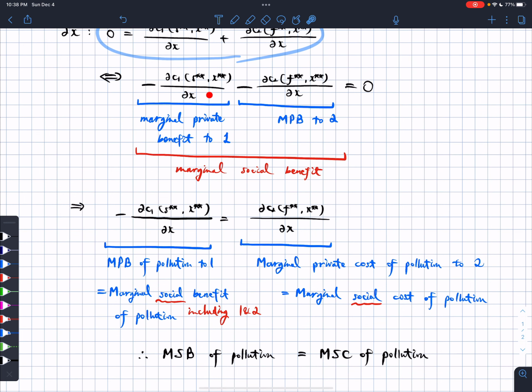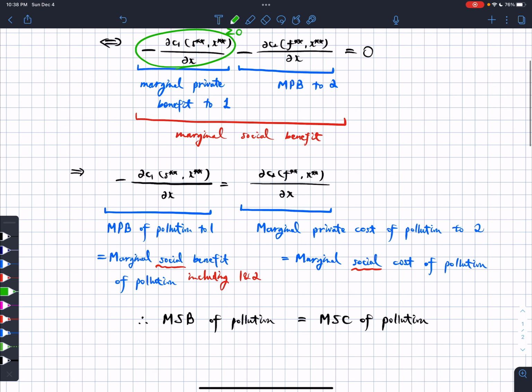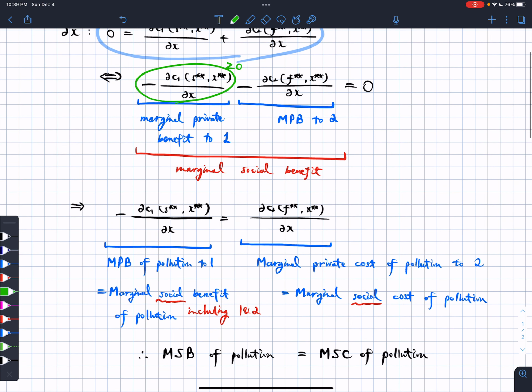So here, the marginal private benefit to firm 1, we know that this is, by our assumption, like this. And on the other hand, this together with the minus symbol is negative, right?